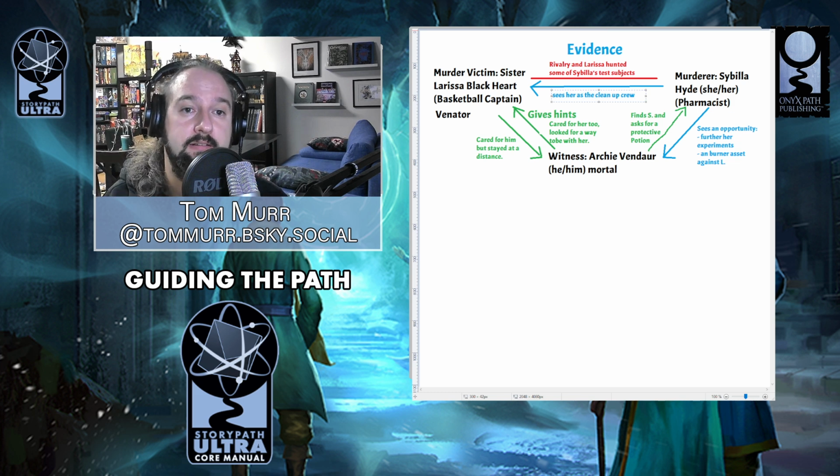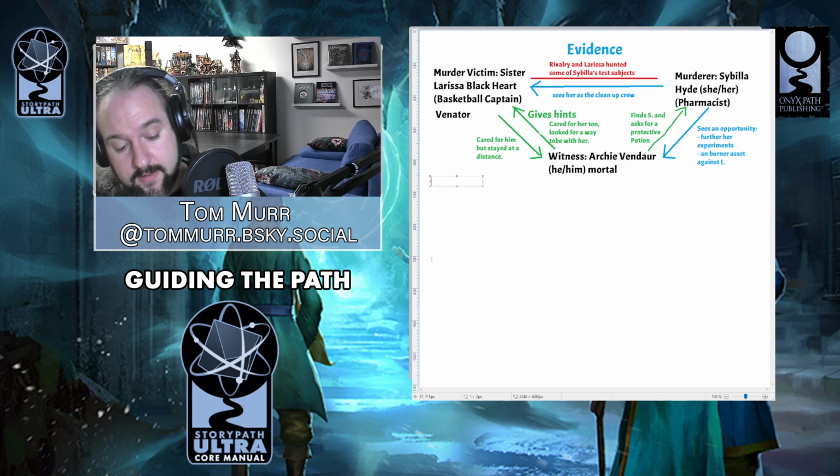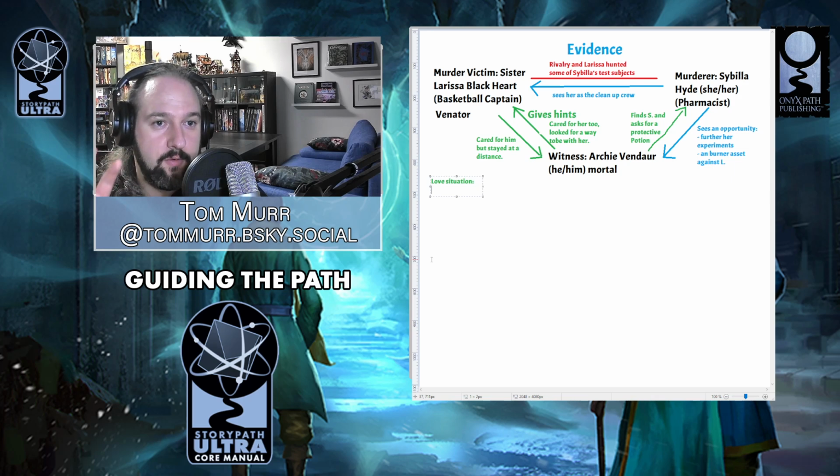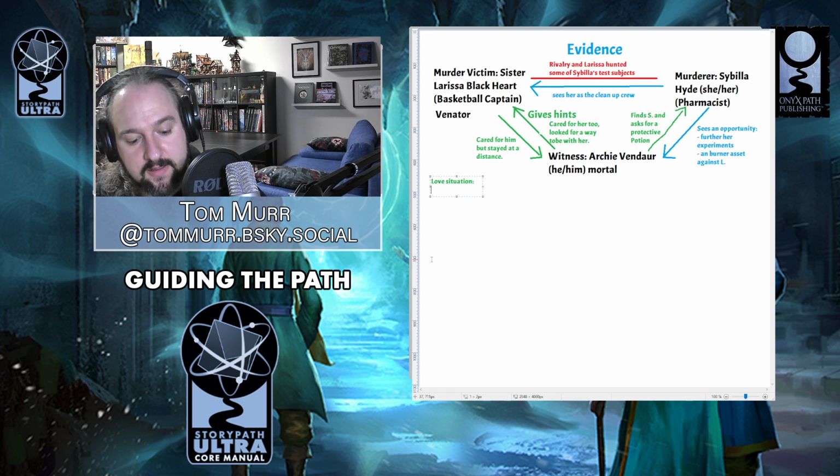And let's go over here. Love situation. These green things are our evidence, or the content of the evidence. And now we want to have several options on how this can be achieved. This can be text messages.